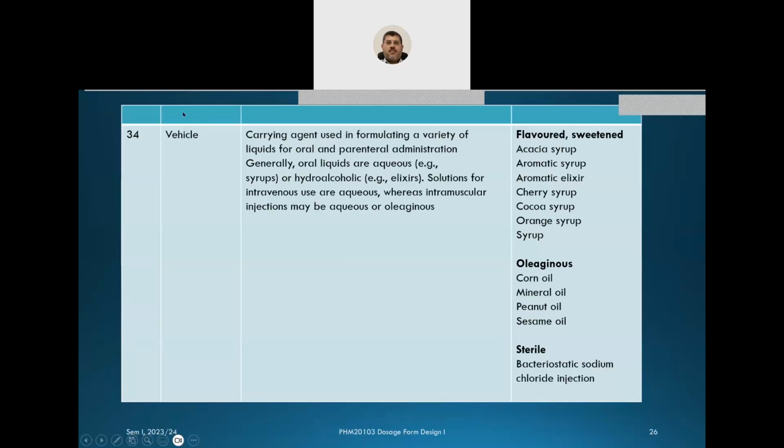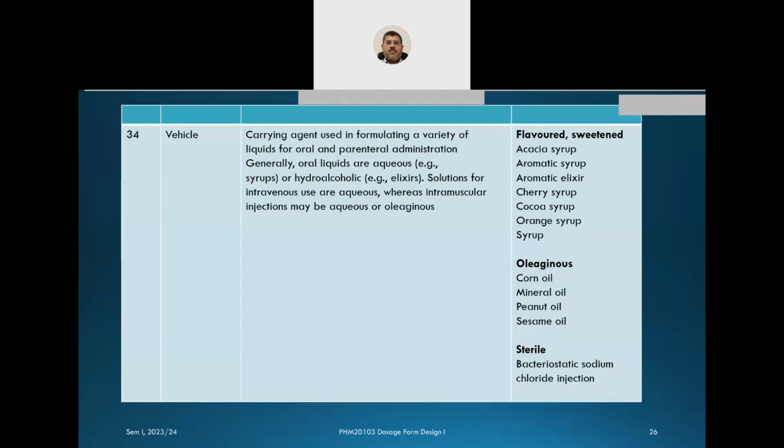Last thing is the vehicle. This is a carrying agent used in formulating a variety of liquids for oral and parenteral administration. So in tablets or capsules, we call it diluent or filler. But when we talk about semi-solid, we call it base.